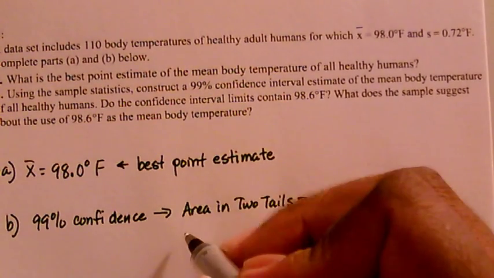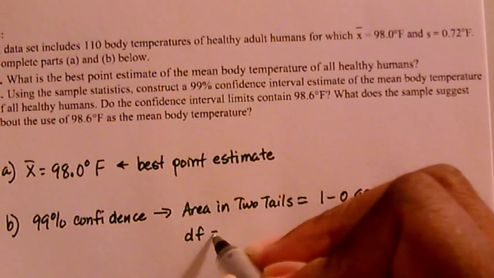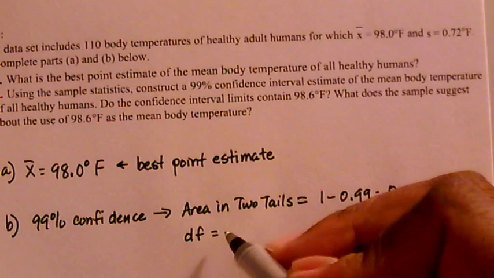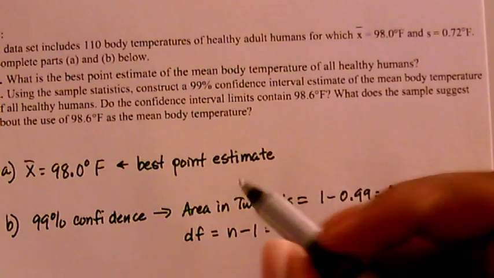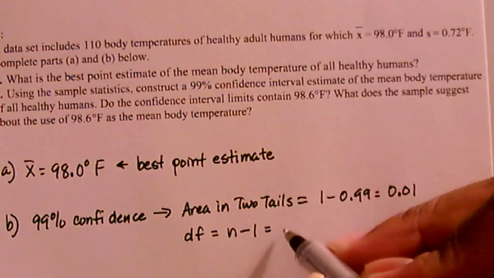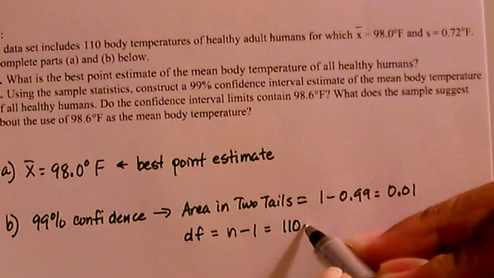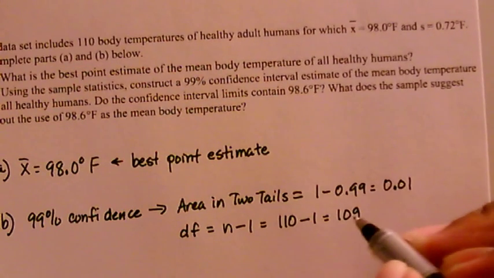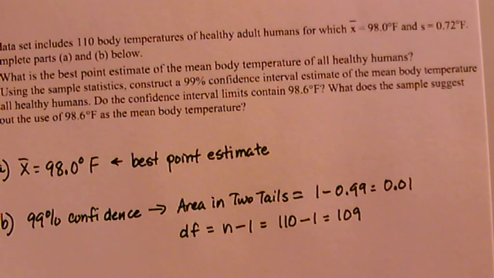And also, we need our degrees of freedom, which is, of course, n minus 1. N is the sample size of 110. 110 minus 1 is 109. Okay, so your degrees of freedom is 109.